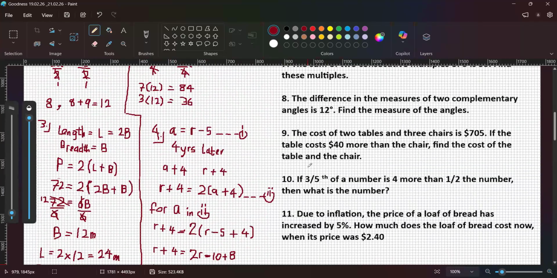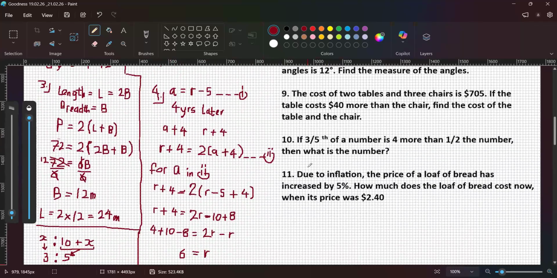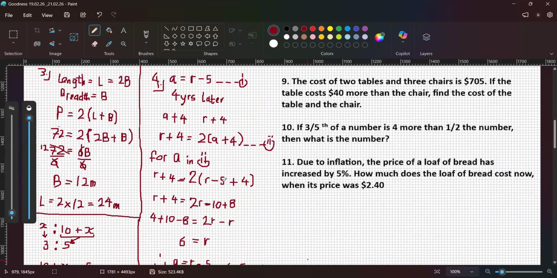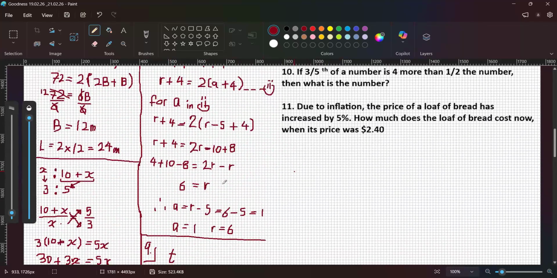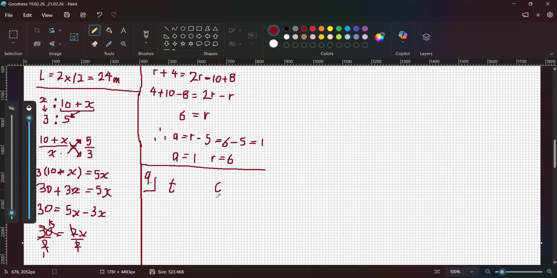It says the table costs $40 more than the chair.